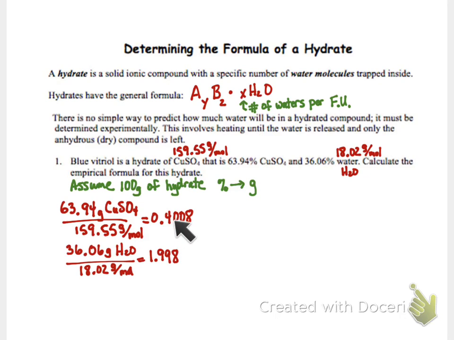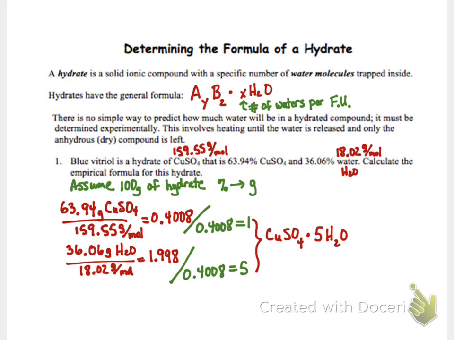And then, again, we're going to figure out which number is the smallest. In this case, it's 0.4008, and divide by that smaller number. Okay, when we divide both numbers by 0.4008, we get 1 for copper sulfate, and we get a number that's really close to 5 for water, which means there are 5 waters for every 1 copper sulfate.